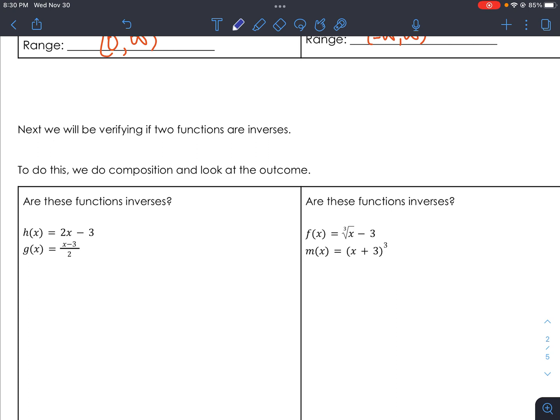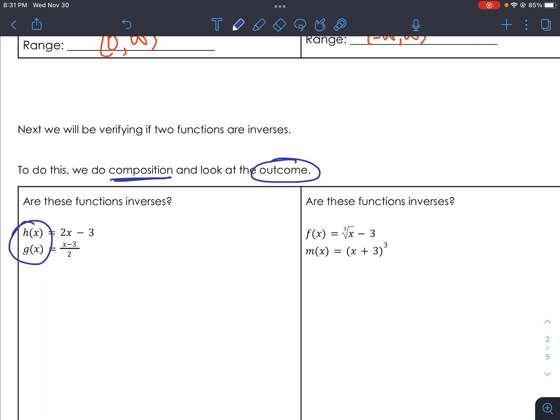But what if I give you two functions? So like on this one, I give you two different equations, and I said, hey, are these inverses? Verify if they're inverses. So you're going to do composition, and composition is where you take the one and plug it into the other, and we want to look at the outcome.